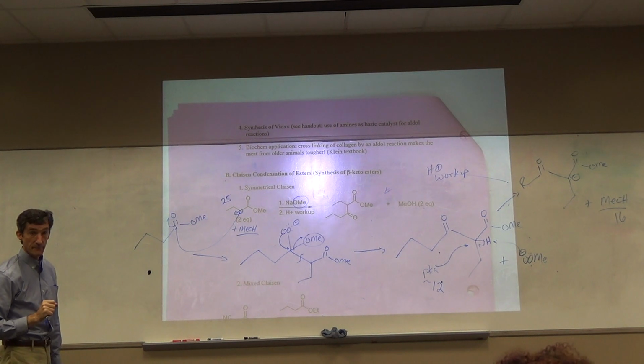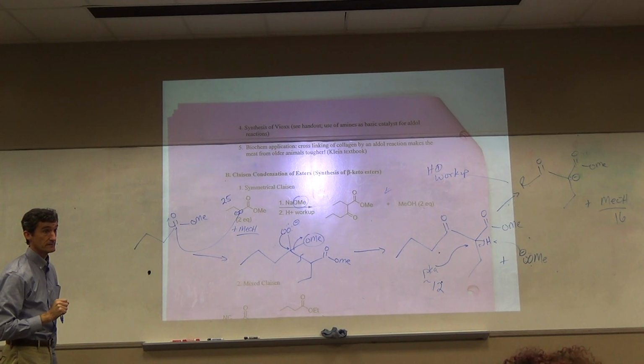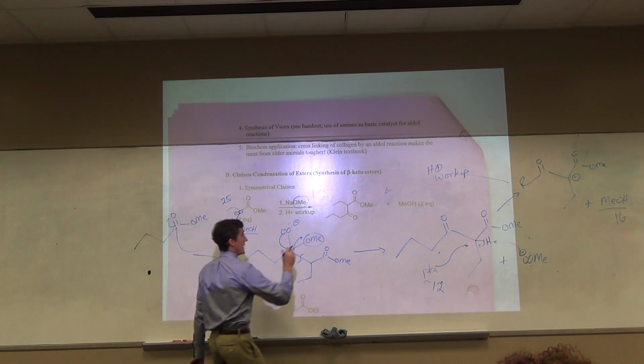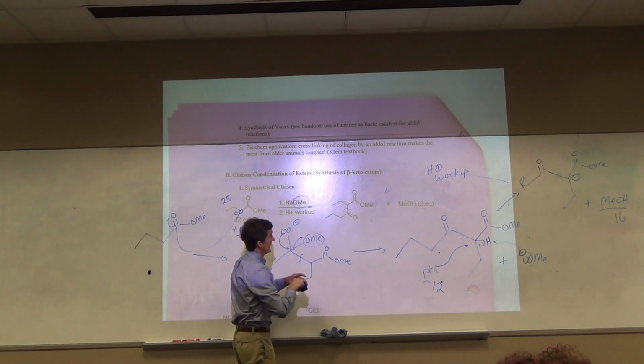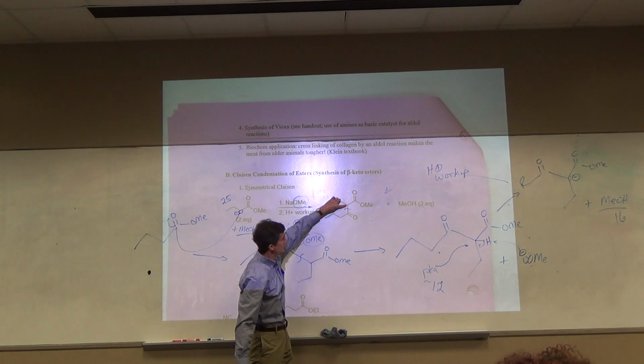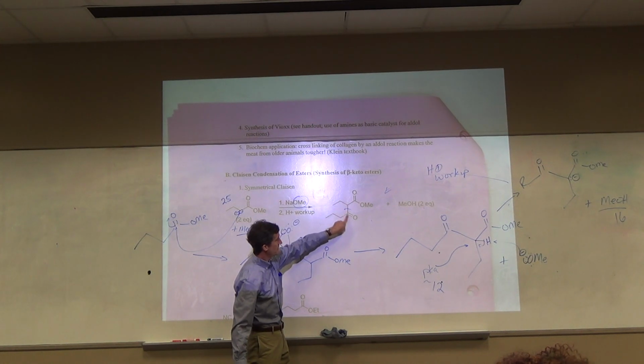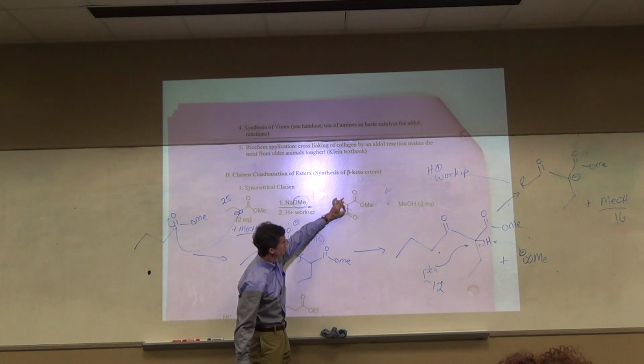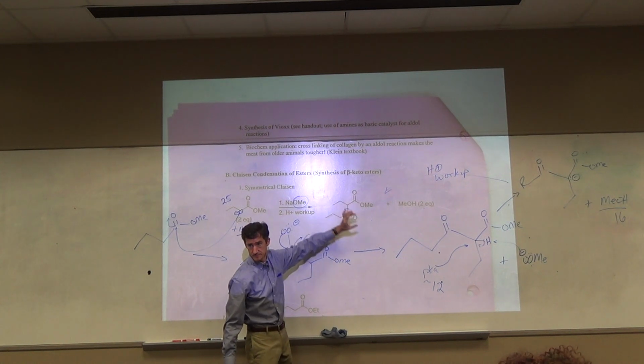A beta-ketoester. Here it's an enolate carbon that attacked an acid derivative, but the carbonyl was reformed here. With an aldol, you would have ended up losing this oxygen and made a double bond here, an alkene.